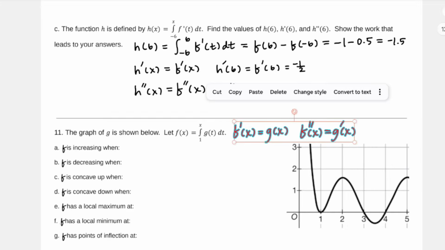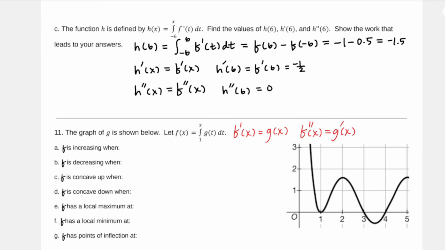Okay, so I'm going to start in with increasing. Increasing would be when it's positive, so that's when 0 to 3, and maybe I'll just say x is less than 3. I'm going to change it so that the domain of f is 0 to 5.